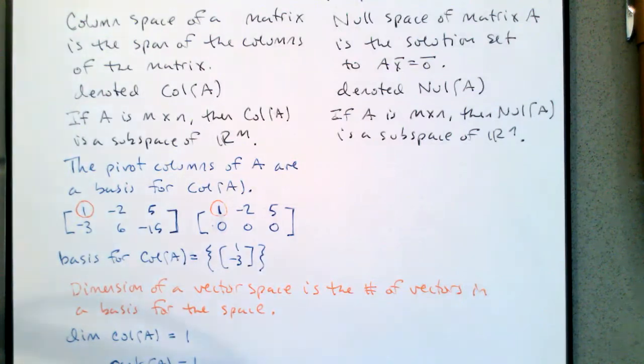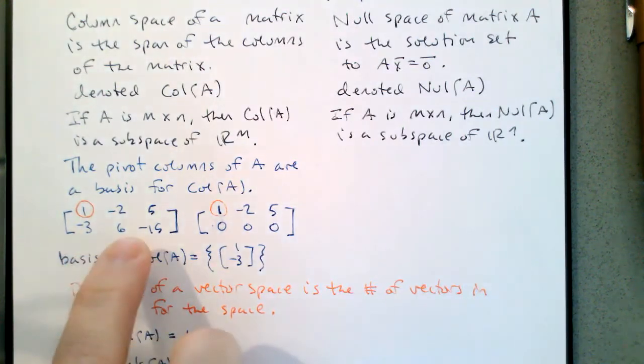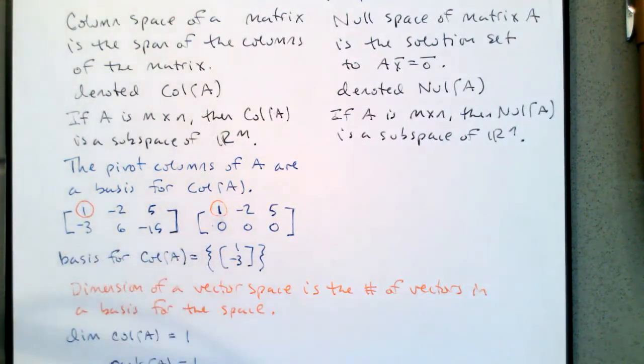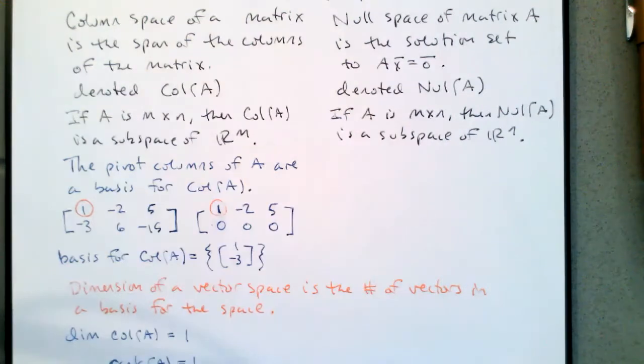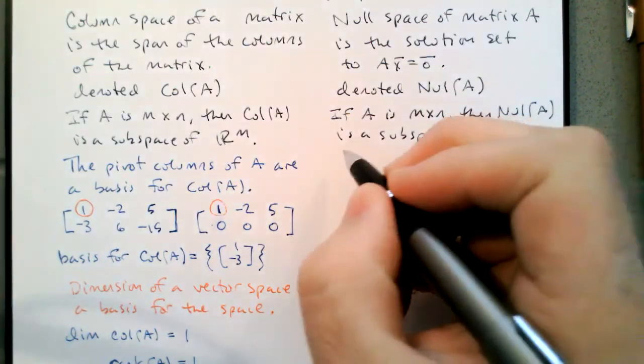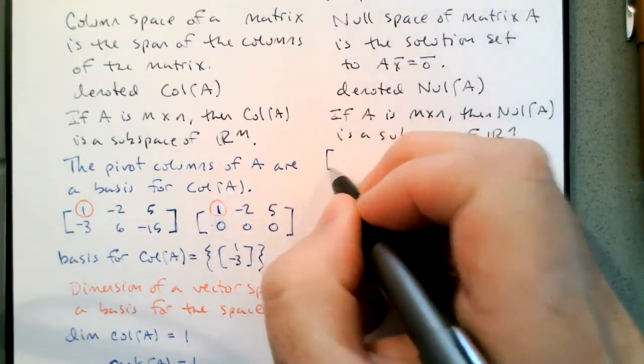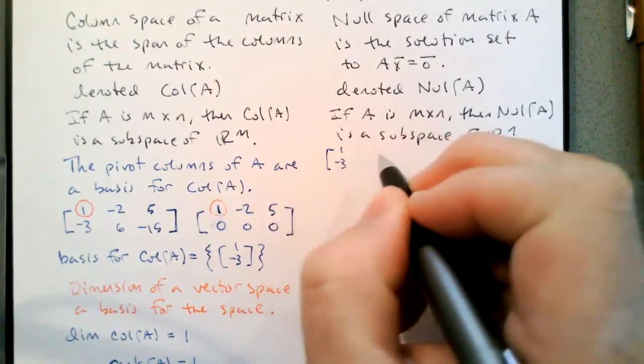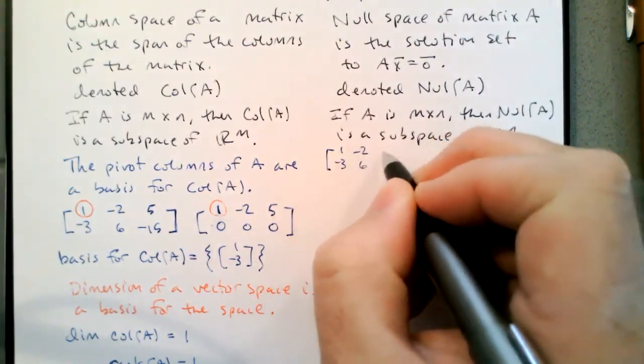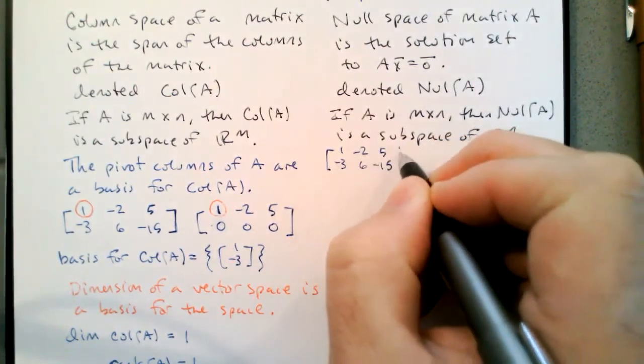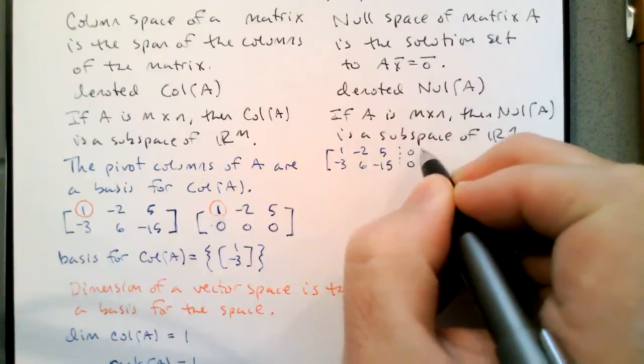So if we take a look at this matrix, we've got 1, -3, -2, 6, 5, 15. We have the reduced echelon form of the matrix. If we imagine the augmented matrix for AX equals 0, we'd have 1, -3, -2, 6, 5, -15.